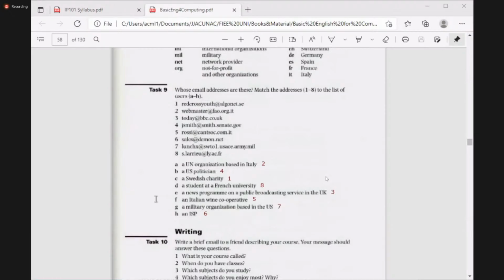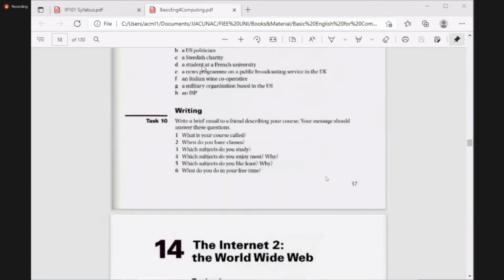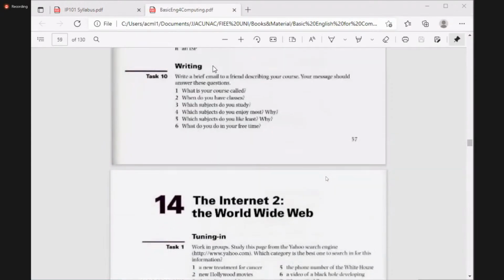Now, write a brief email to a friend describing your course. Your message should always have a question. For example, I'm going to write a model here about that. Let's continue. What is the text of the course called?